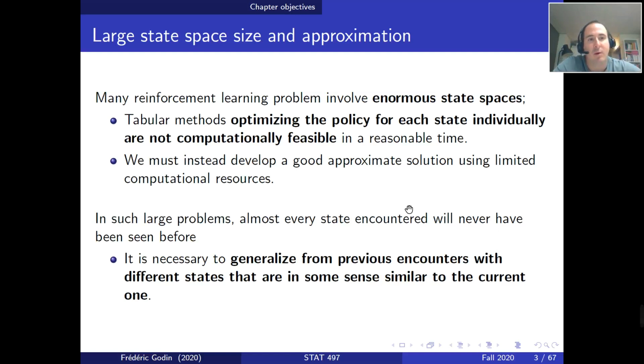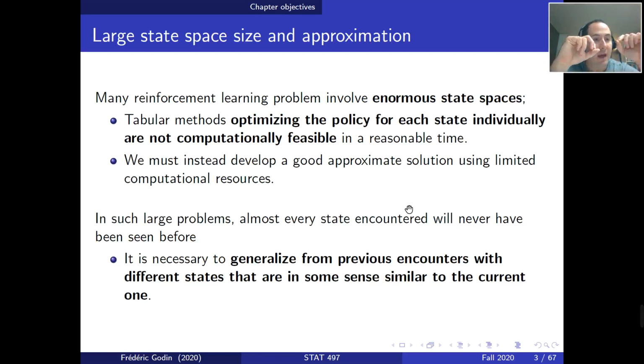This points to the need to apply what we call generalization. What do we mean by generalization here? It's the ability to infer the value of a state we have never encountered by looking at other states that are similar and which we've encountered before. For example, if there's a state you've never seen before, you have no clue what its value is, but maybe there's a very similar state that you have encountered in practice, and for which you were able to form an estimate.